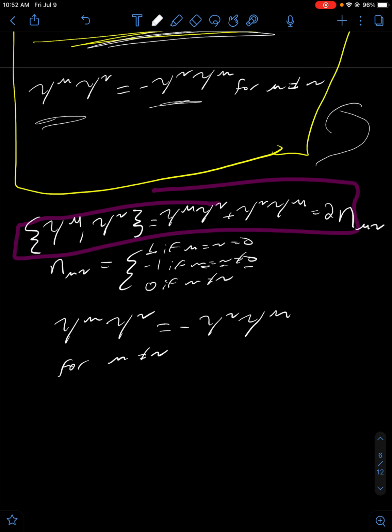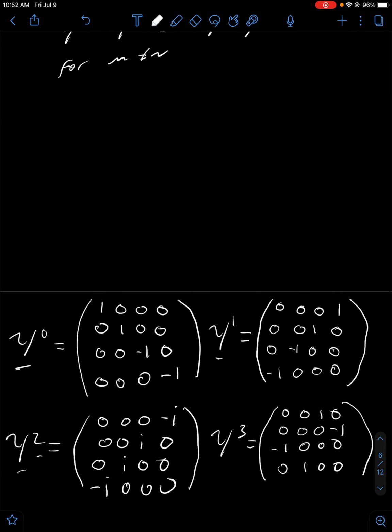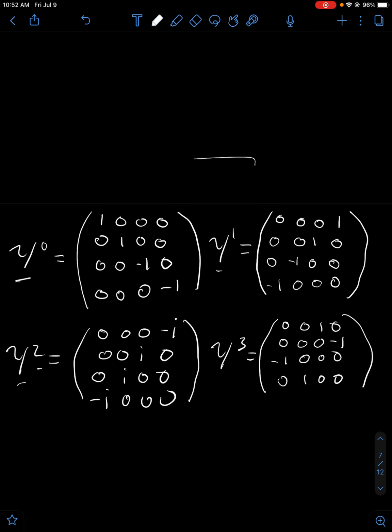Matrices, right? So Dirac, when he was doing this, was like, oh wow, these things anti-commute. Well, matrices also anti-commute. So he just guessed that these gamma numbers were matrices, and he found out what matrix values they'd have to be for this commutation relation to actually hold, which is this.